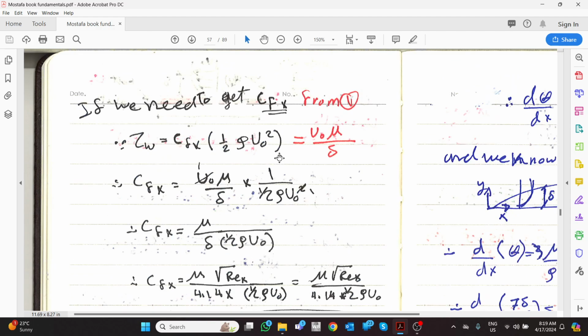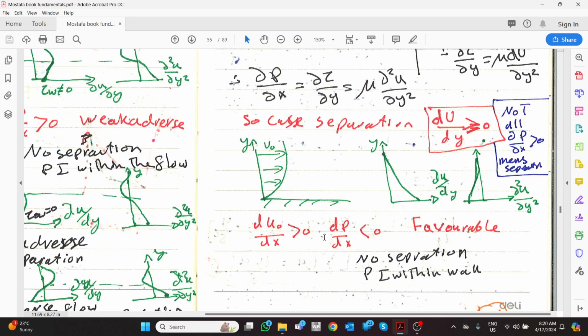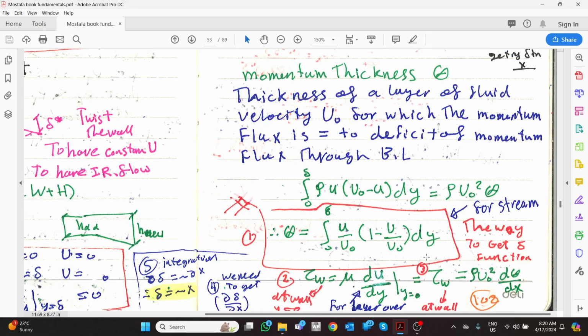Let's return back. What are the steps? After you get this equation, the shear wall stress at y equals 0 from this equation should equal this equation, mu du by dy at y equals 0.